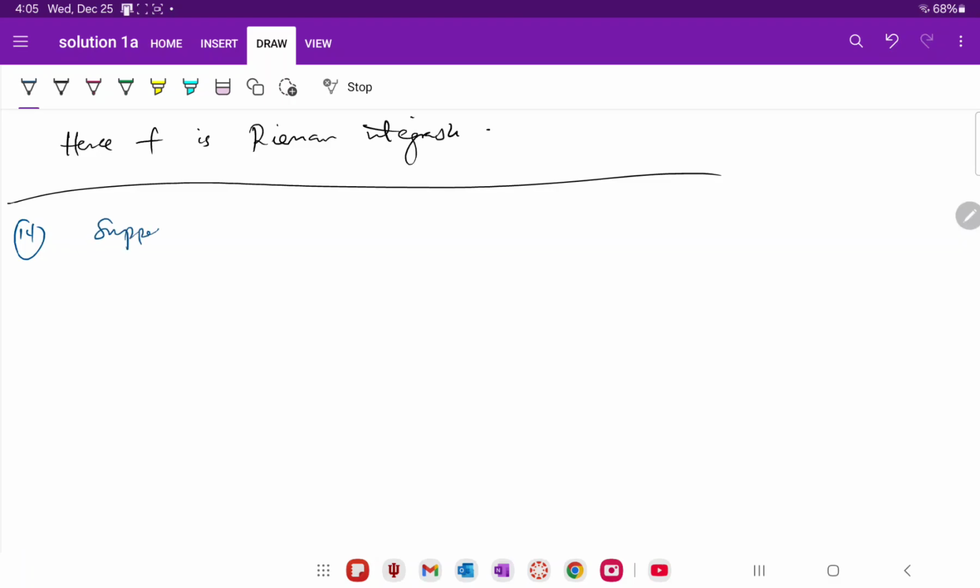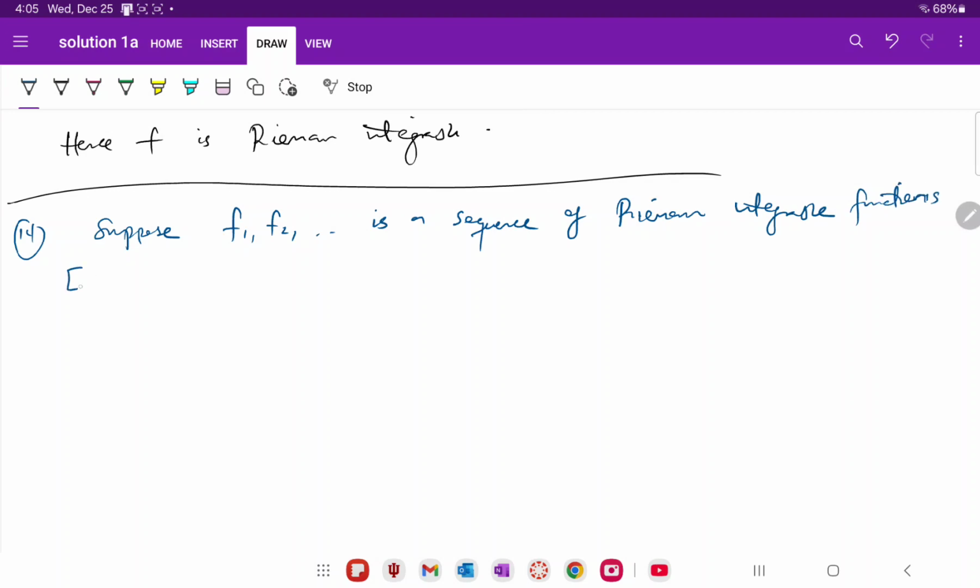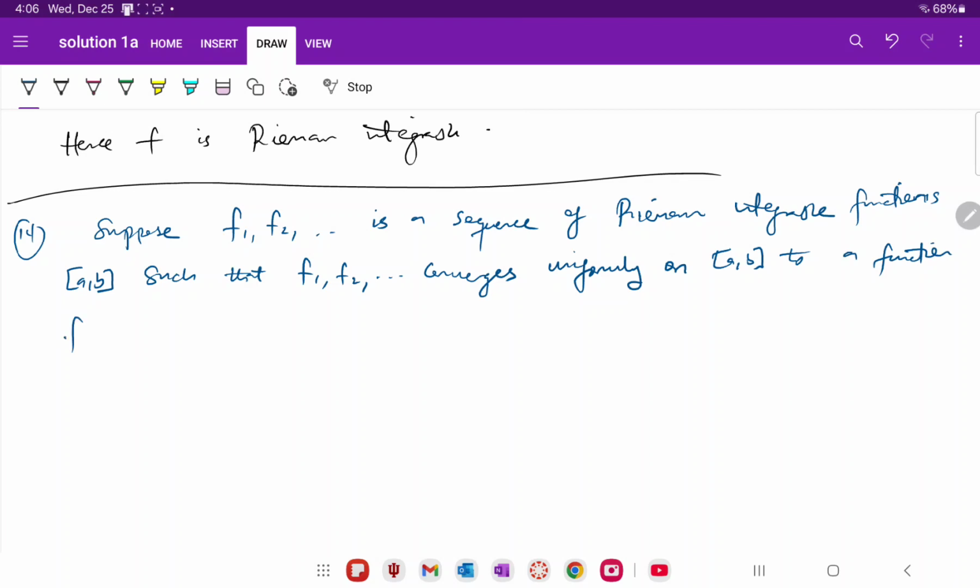Suppose we have a sequence of Riemann integrable functions on the same interval [a,b], such that f1, f2, ... converge uniformly on [a,b] to a function f from [a,b] to R.